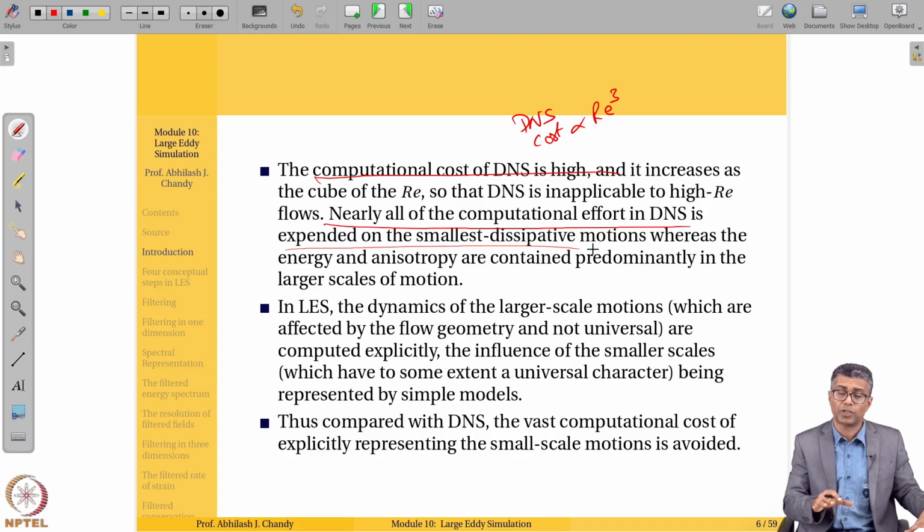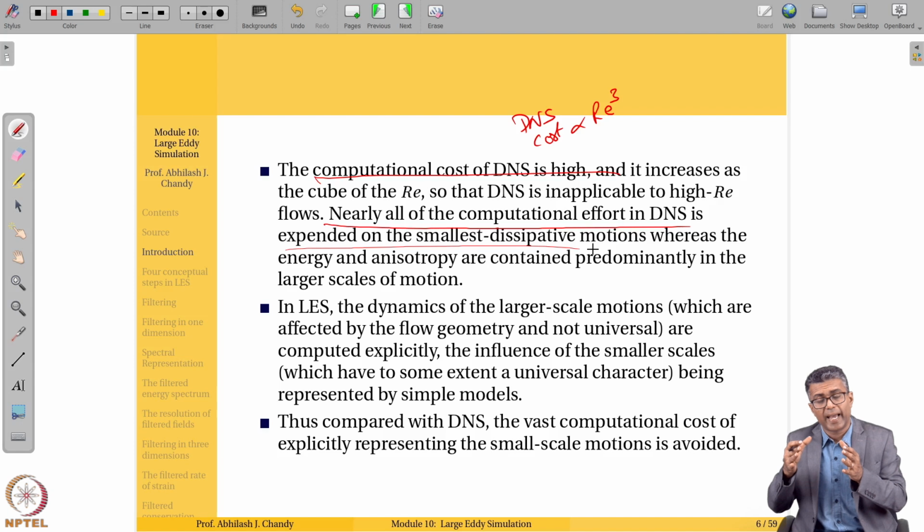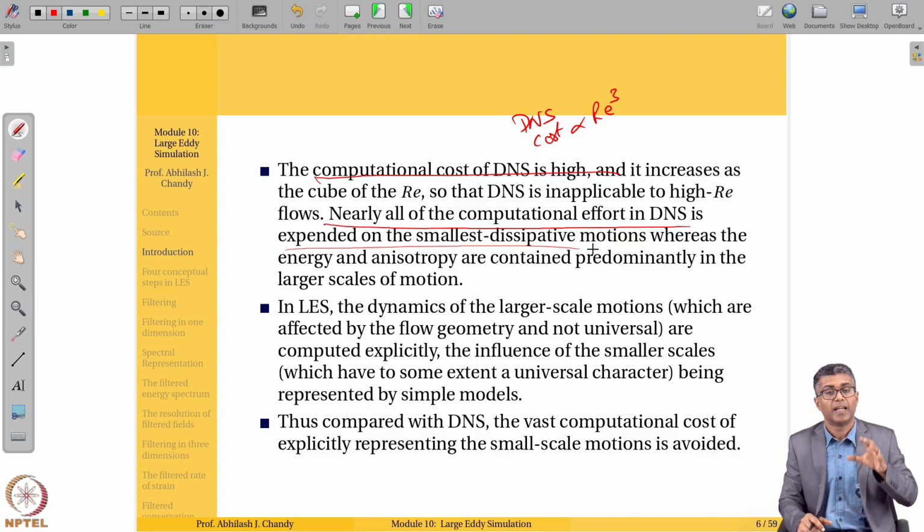According to Kolmogorov's hypothesis, anything in the small scales is isotropic and universal. So we don't know right from left, up from down, back from front, because it is isotropic. On the other hand, in the large scales, there is a directional bias associated with it.